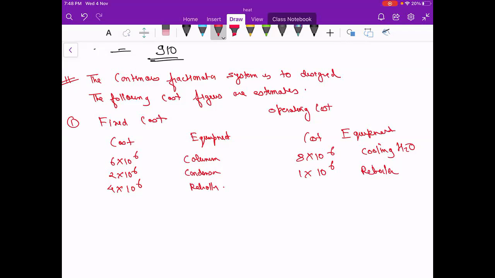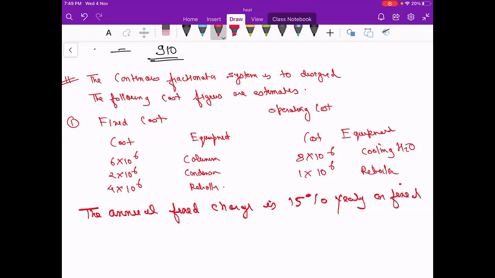The question is, the annual fixed charge is 15% yearly on fixed cost. Calculate the total annualized cost.